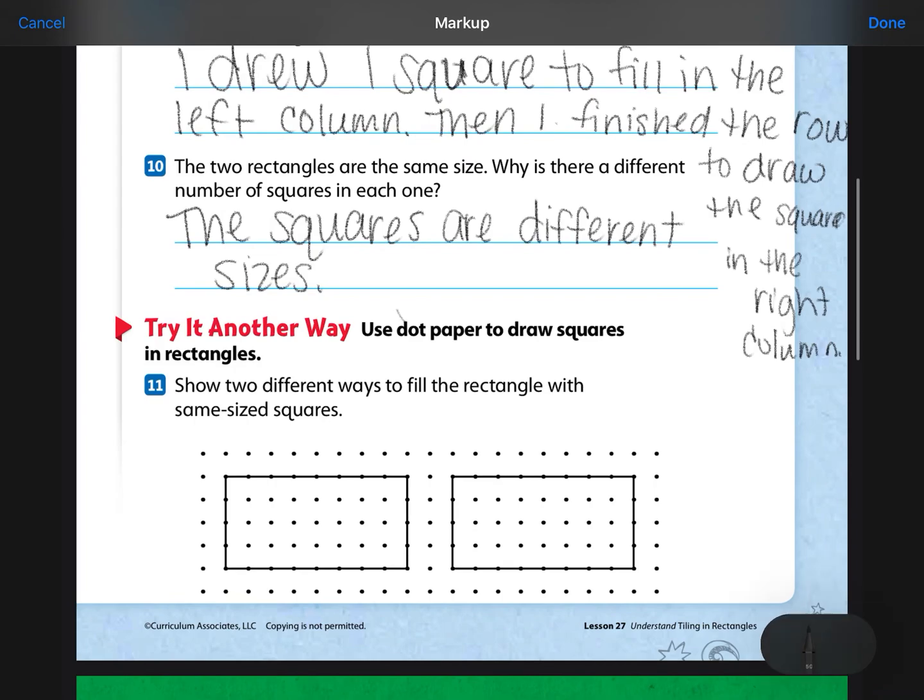So I'm going to use blue. Let's make smaller squares over here and then bigger squares over here. You can just make these rectangles and then draw the squares inside of them, since you probably do not have dot paper at home. Okay?